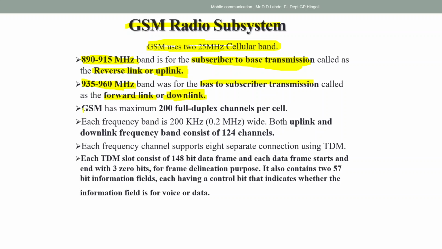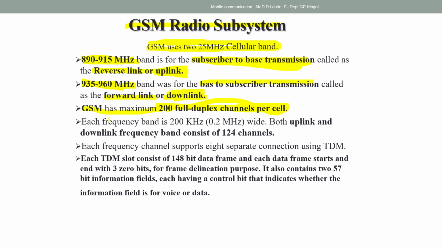Basically your GSM has maximum 200 full duplex channels per cell. In each cell you have maximum 200 full duplex channels. It means one base station can carry up to 200 users or 200 channels per cell.